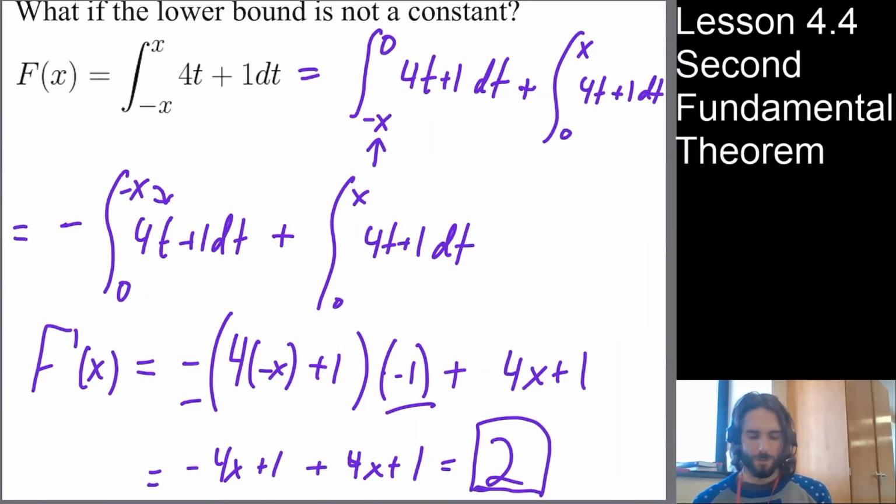So this one's kind of interesting that the answer is 2, because that means no matter what you pick for x, if you are being symmetric here, the area accumulated is always, oh no, I'm sorry, we took the derivative, never mind, ignore that part. Yes, f prime of x here is just a constant. Okay.